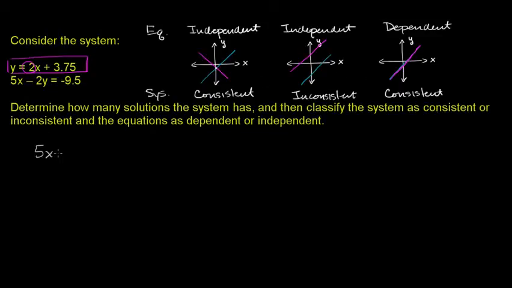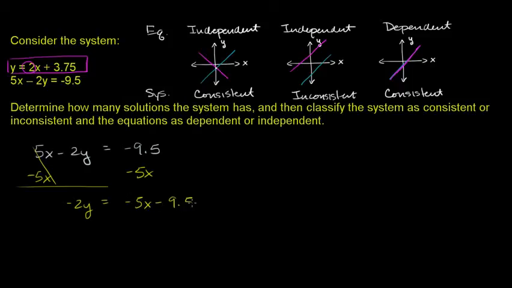So let me write 5x minus 2y is equal to negative 9.5. I want to isolate y on the left-hand side, so let's subtract 5x from both sides. My left-hand side becomes negative 2y, and my right-hand side is negative 5x minus 9.5.